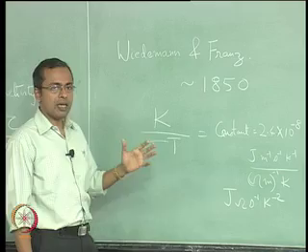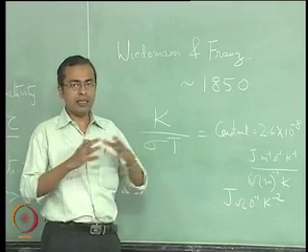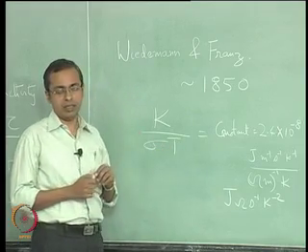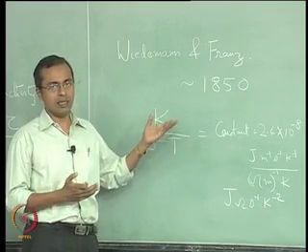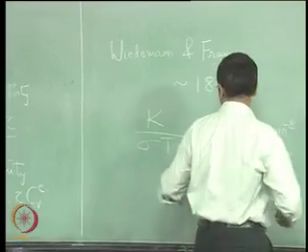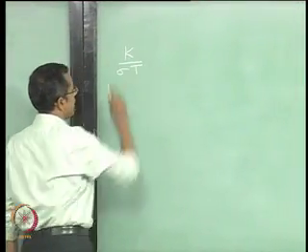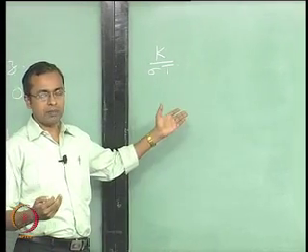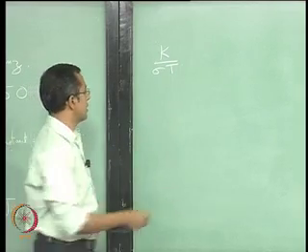So what we would like to do is to see if our understanding of the Drude model, or the way in which we have built the Drude model, enables us to also come up with this kind of a constant for the Wiedemann-Franz law, to see if the Drude model is consistent with the findings of the Wiedemann-Franz law, okay. So this is something that we are interested in. So now we will look at this same expression K by sigma T, and we will see what the Drude model has given us, put those numbers down and see if that gives us a value that is very close to what is being predicted here.